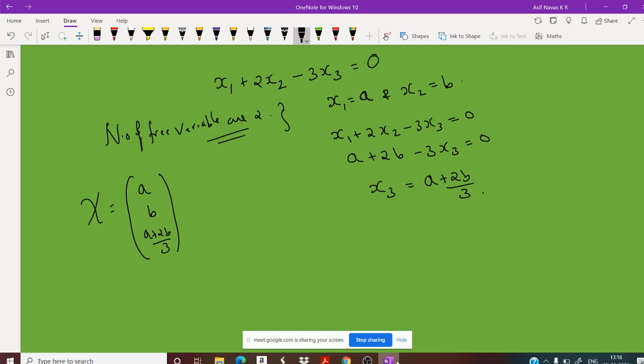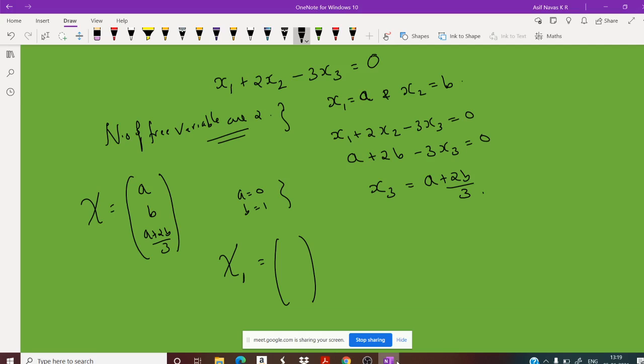Now here there are two free variables. Then how many linearly independent eigenvectors can we find? Two, right? So what values can we give? You just put a equal to 0 and b equal to 1. Then you will get one eigenvector: 0, 1, 2 by 3. And for the second one, a equal to 1, b equal to 0.